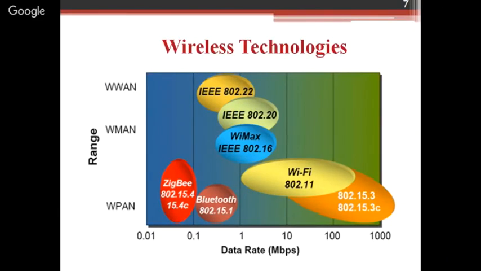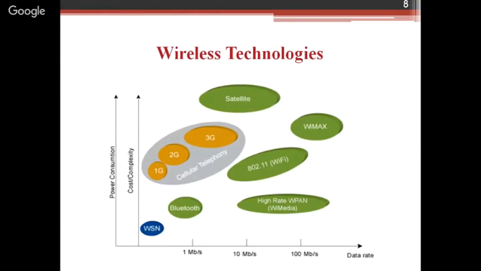We'll discuss it. This is another diagram showing the same thing, that we are putting WSN here. It represents the low data rate, and obviously it is going to have low cost, and one of the main constraints related to WSN is power consumption. It also needs to be low. Why is power consumption so important?